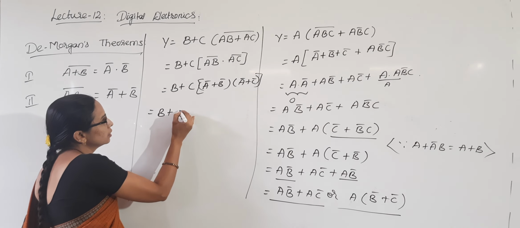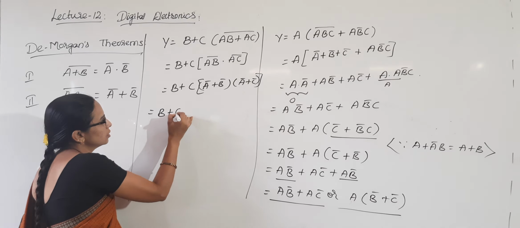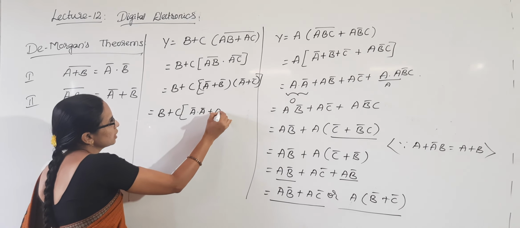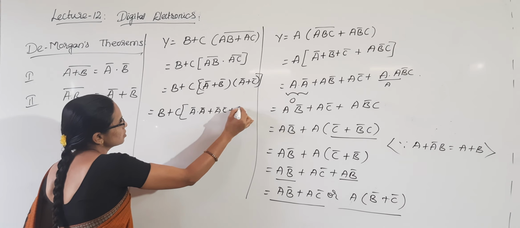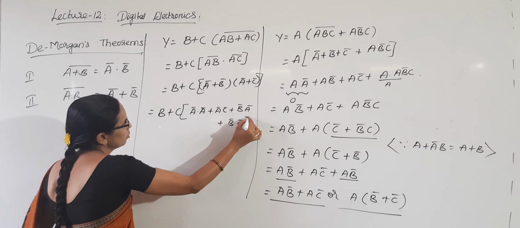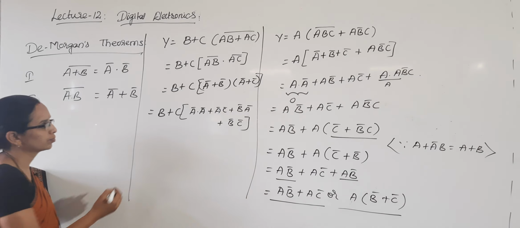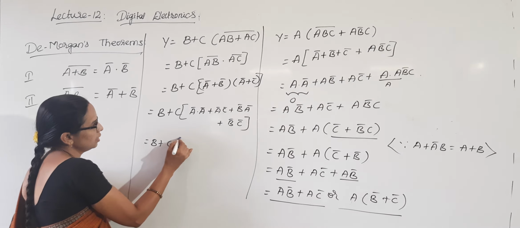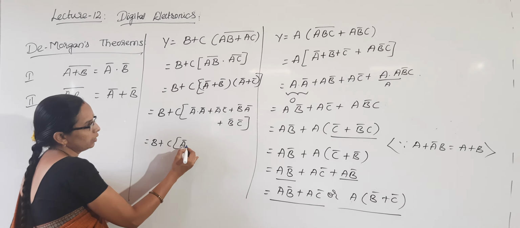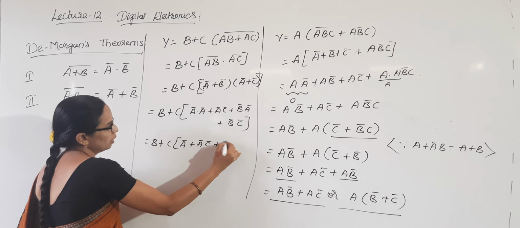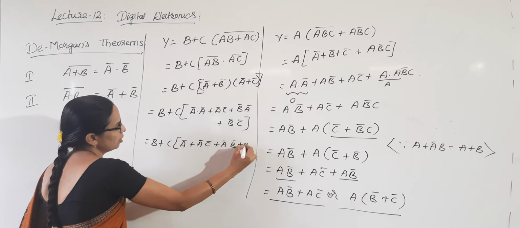B plus C into A bar, plus A bar C bar, plus B bar A bar, plus B bar C bar. B plus C, A bar will be A bar C bar, A bar B bar plus B bar C bar.